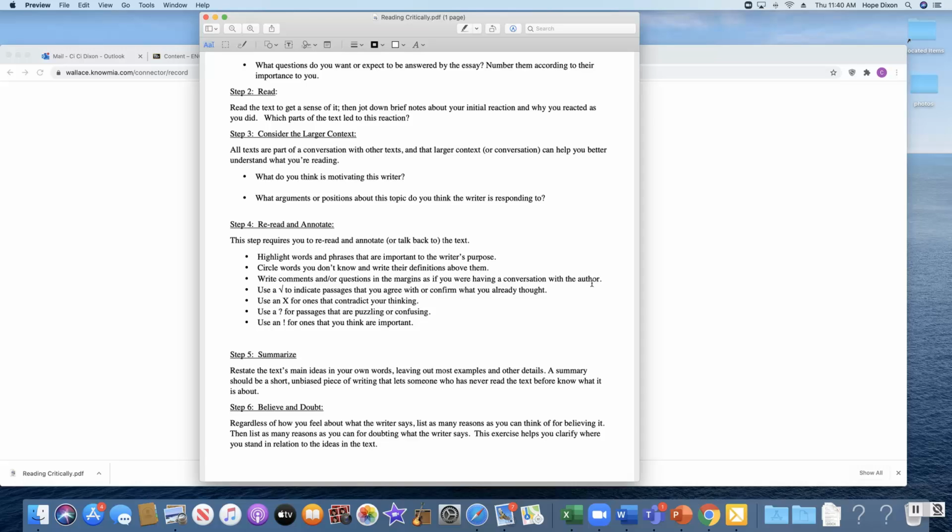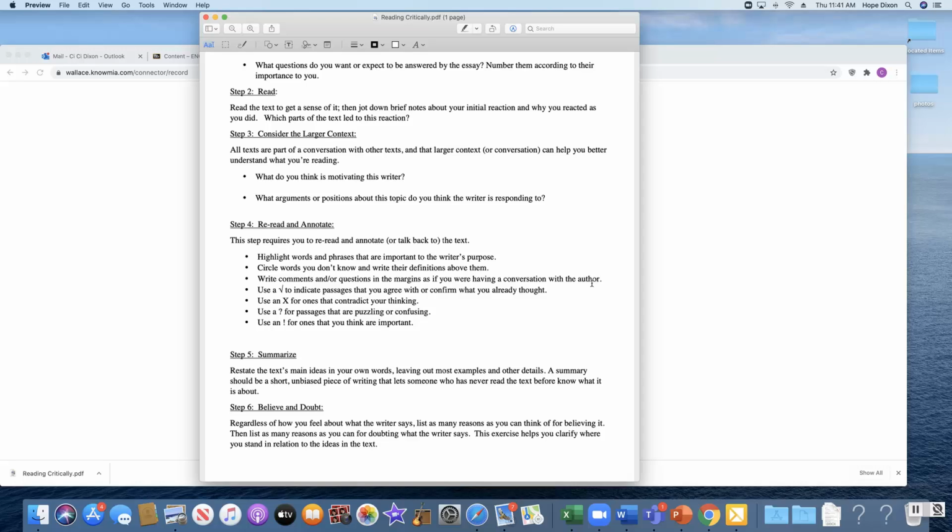You're going to leave out most examples and most details. A summary for your article really only needs to be about 2 or 3, maybe 4 sentences long. You want an overview of the main idea and the supporting points.